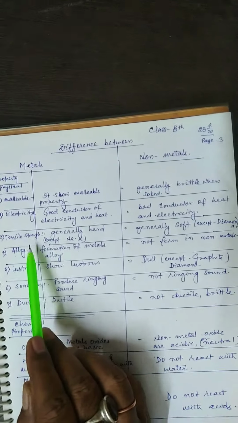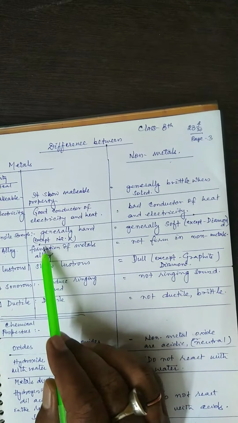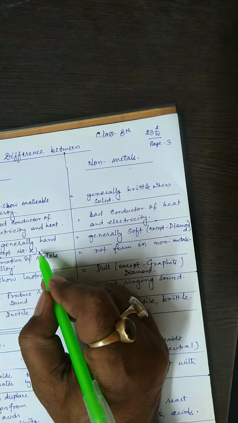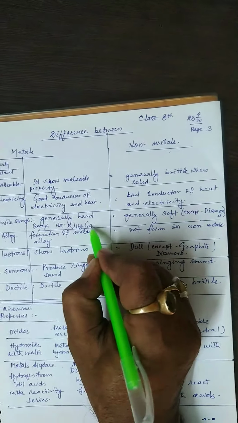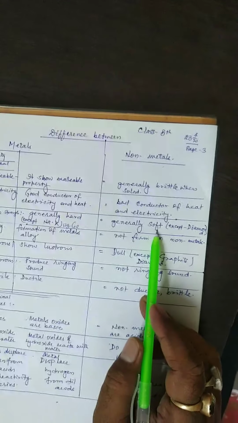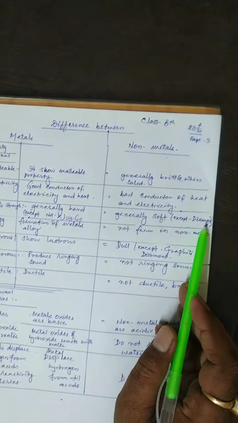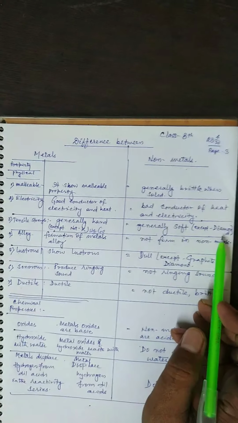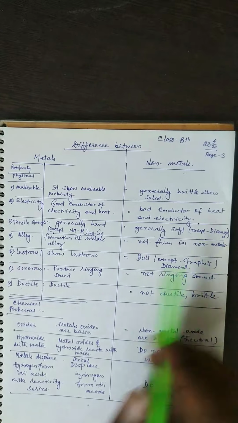Tensile strength: metal is generally hard except sodium, potassium, gallium, mercury. Non-metal is generally soft except diamond. Diamond is the hardest substance on the earth.